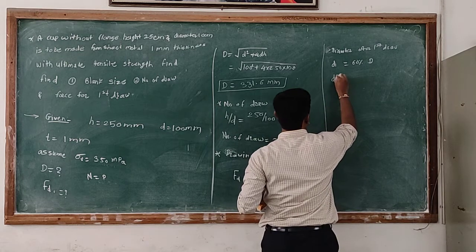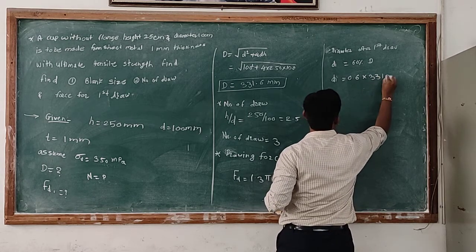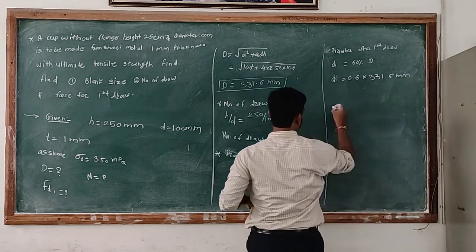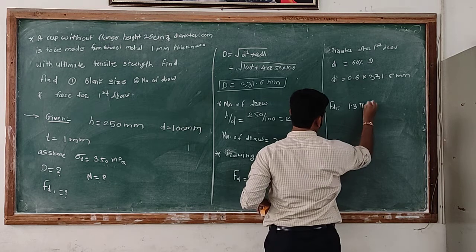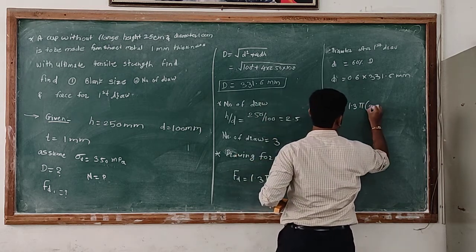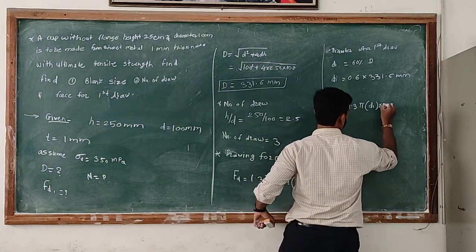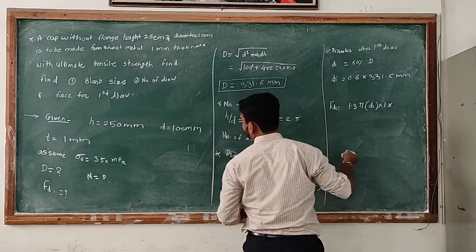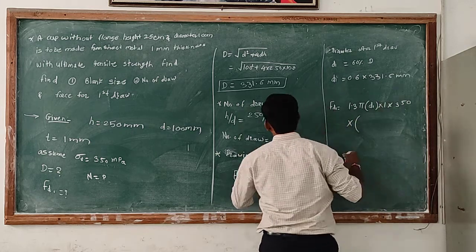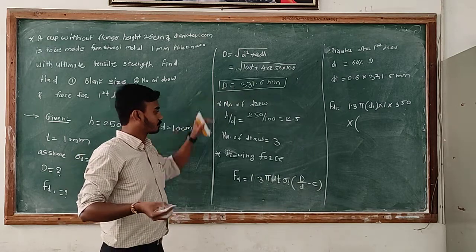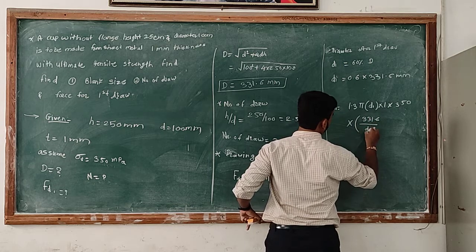So d1 is equal to 0.6 into 331.6, and our formula FD1 is equal to 1.35 pi, here d is d1, into t, which is the thickness, 1 mm, into sigma t, which we have assumed as 350, into capital D, 331.6, divided by d1 minus c.